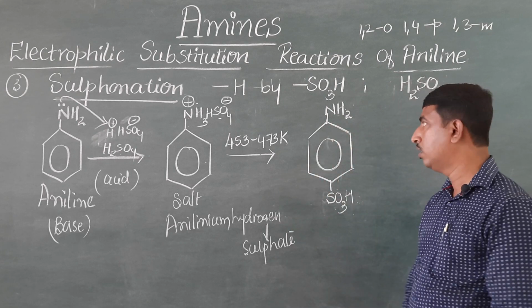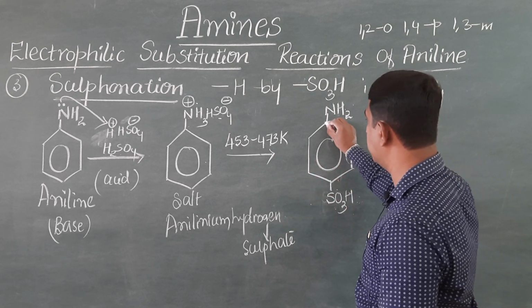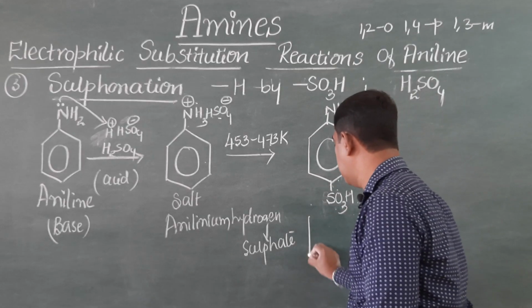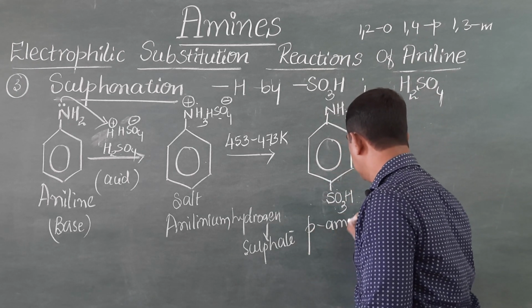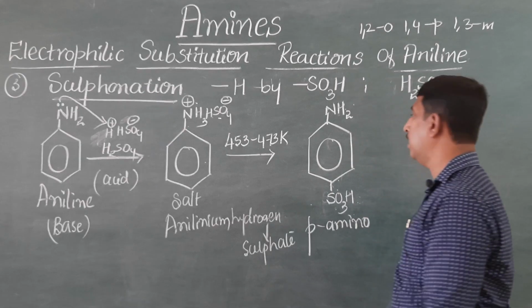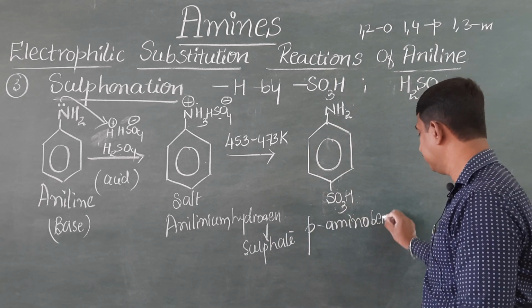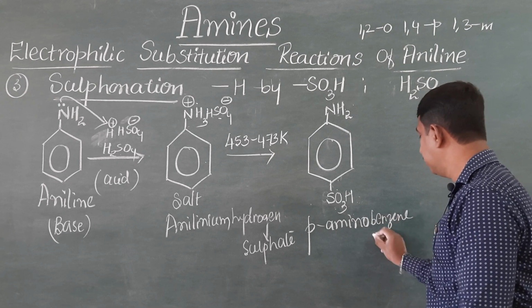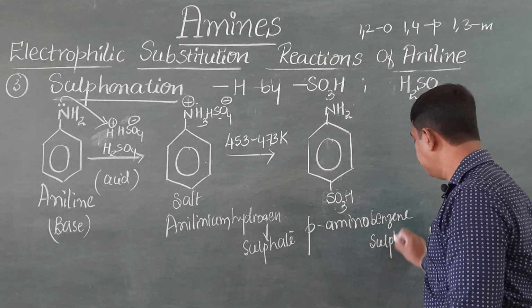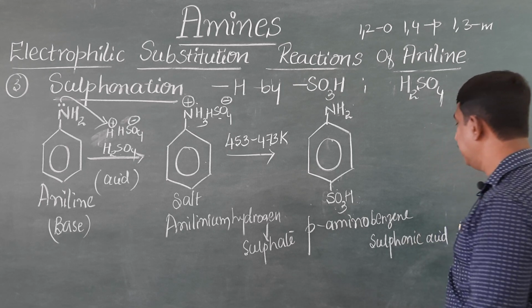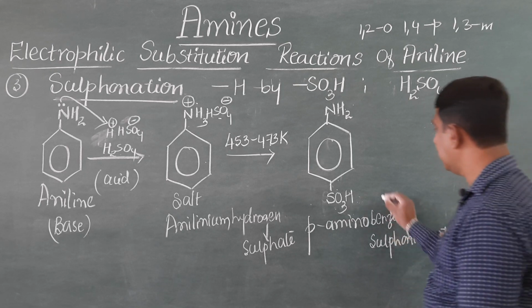This substituent group is present at the 1,4 position, correct? So it is para amino. What is this ring? It is benzene. Para amino benzene sulfonic acid.